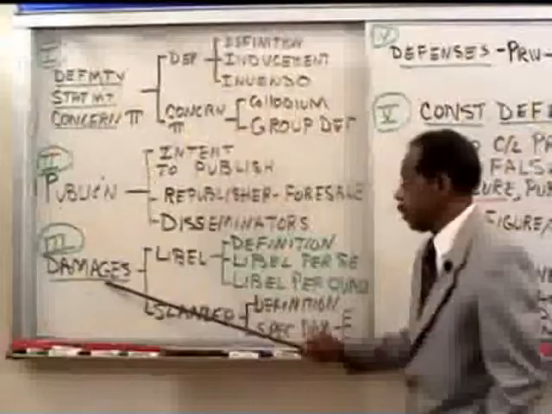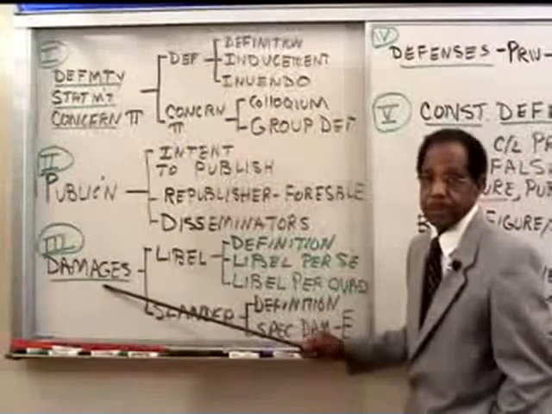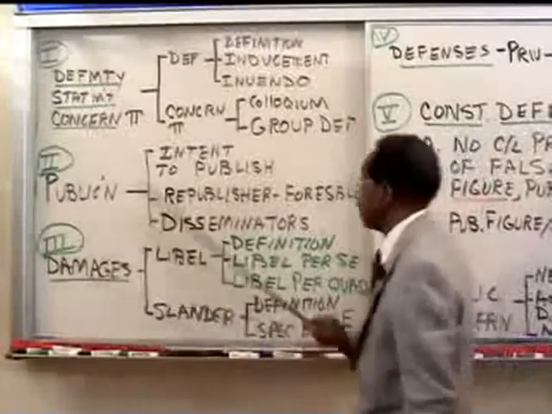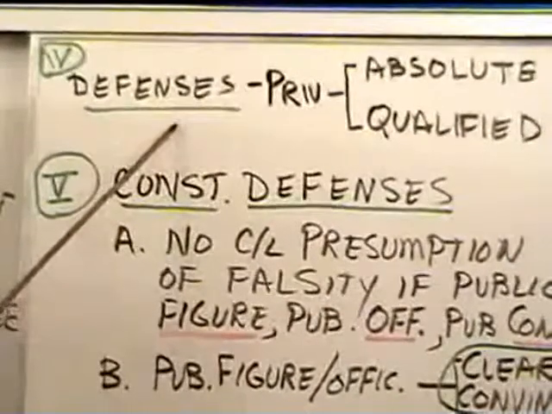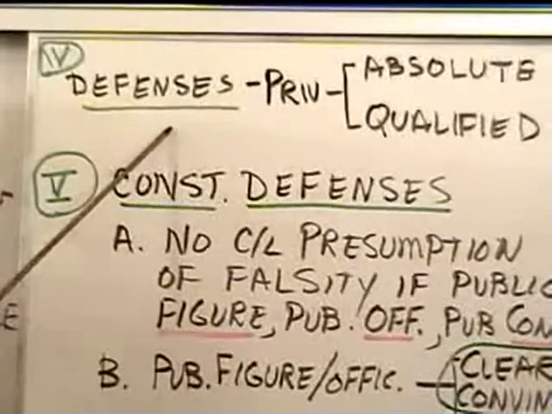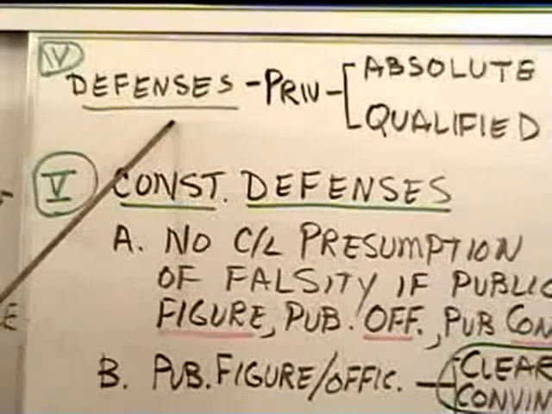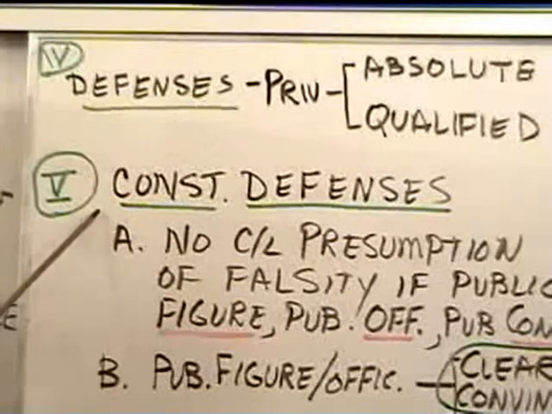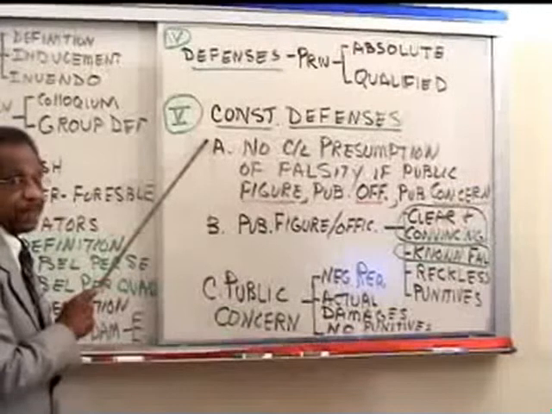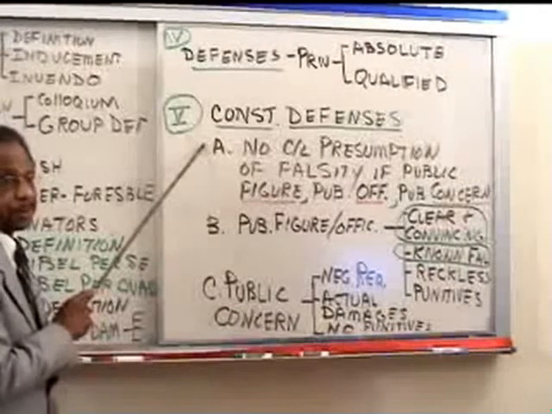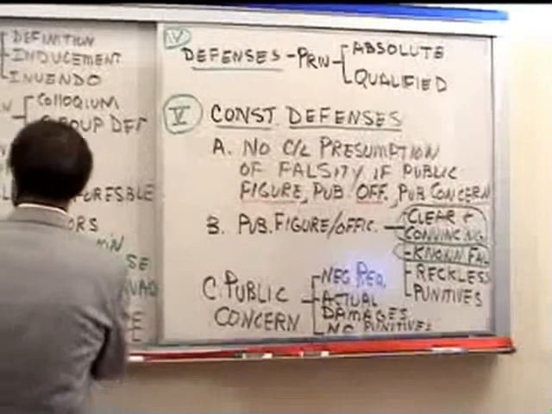Three, was the plaintiff damaged? Four, are any defenses applicable except for the constitutional defenses? Are any of the common law defenses applicable? And five, the constitutional defenses. So we have 5 parts to the analysis of a defamation question, and those 5 parts are the ones shown here.